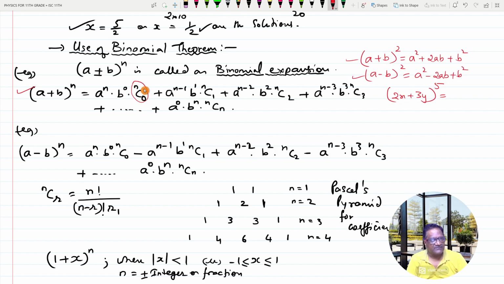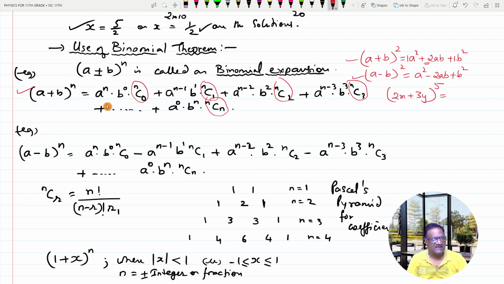This will give you the coefficient of this first term. nC0, nC1, nC2, nC3, etc. up to nCn are nothing but the coefficients. Like here you have minus 2, here you have plus 2, here you have 1, here you have 1. So these are the coefficients of the terms, and you will get these coefficients from this formula nC0, nC1, nC2, etc.